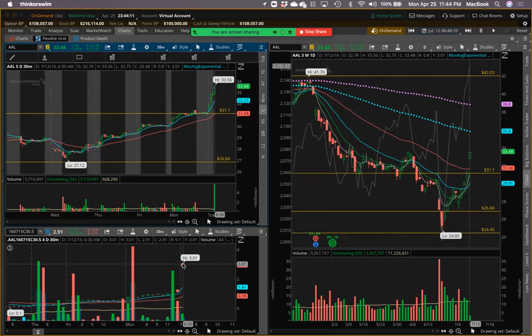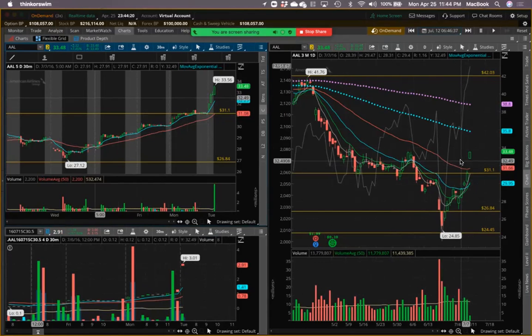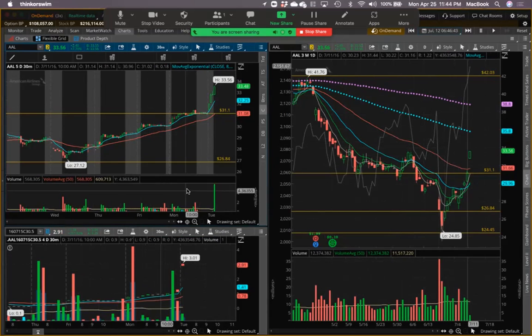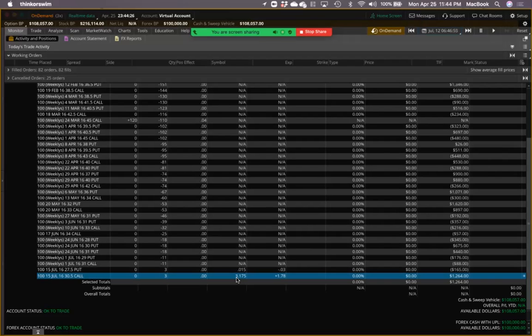Look at that right there. That thing gapped up 7%, 7.5%, $2.32. We sold at $1.10, and it's at $3.17.